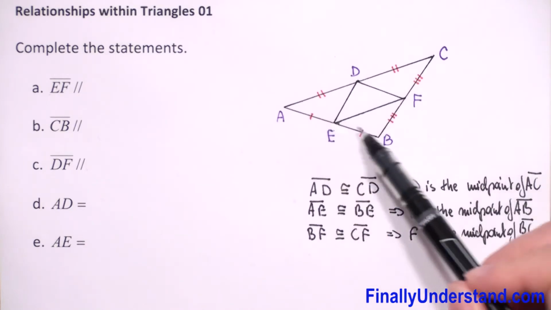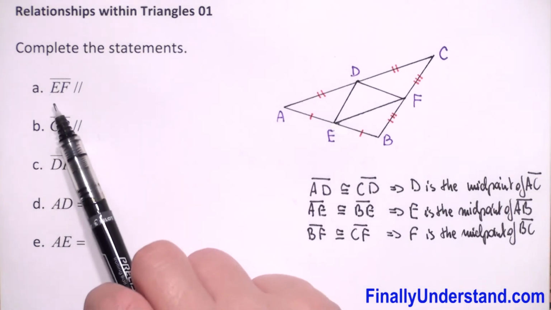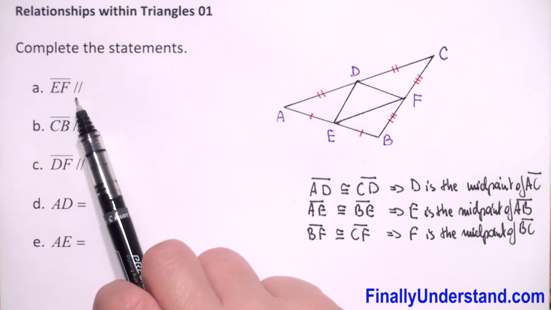Now, if we know that D, E, F points are the midpoints of segments of our triangle, we can use the Midsegment Theorem, which tells us that the segment connecting the midpoints of 2 sides of a triangle is parallel to the third side and is half as long as that side. So for the first statement, we have to find to which segment EF is parallel.